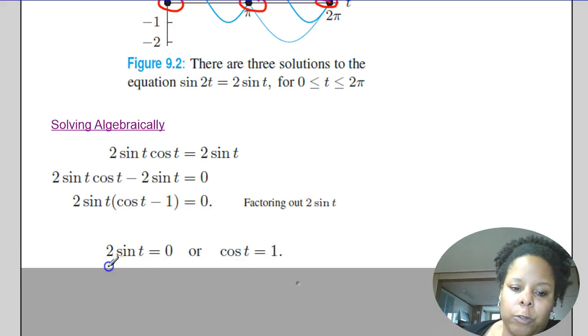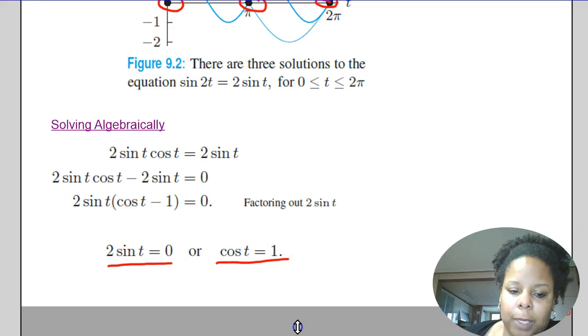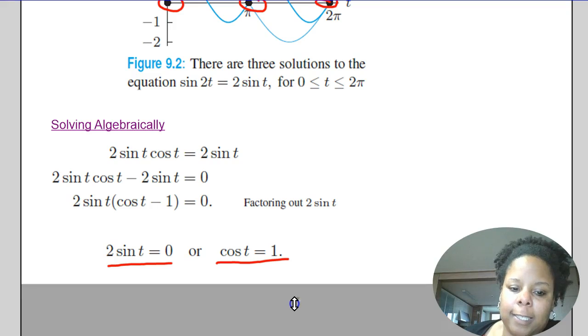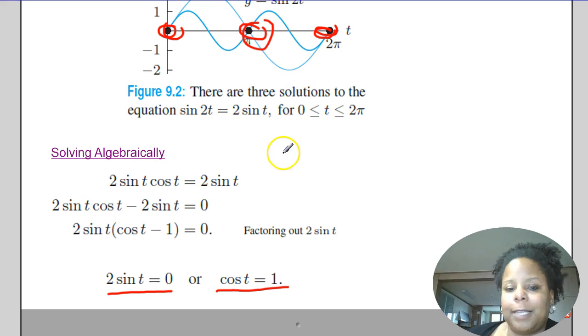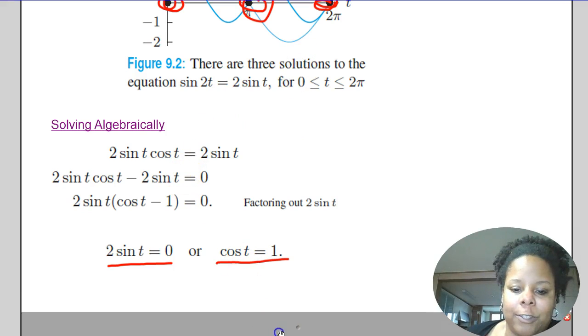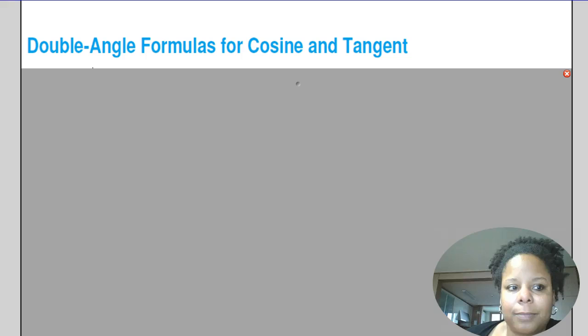So in other words, 2 sine t equals 0 or cosine t is equal to 1. And so sine is equal to 0 at 0 and 2 pi, and cosine of t is equal to 1 at pi. Okay, so either way we can get our solution.